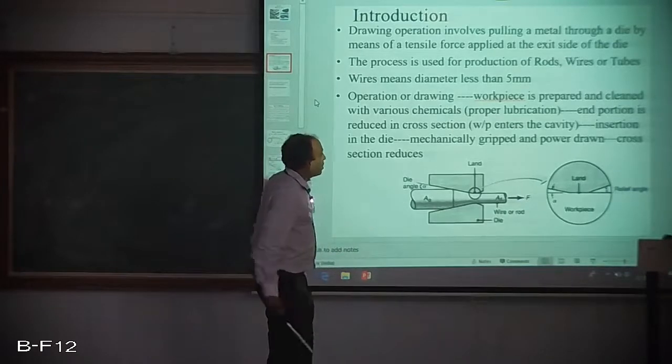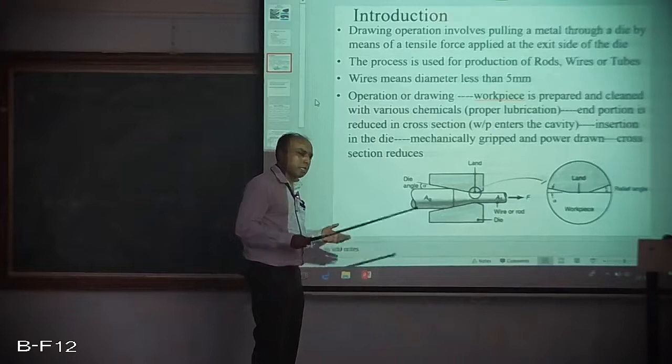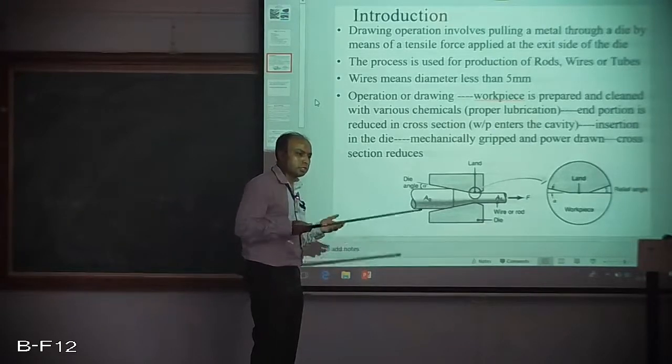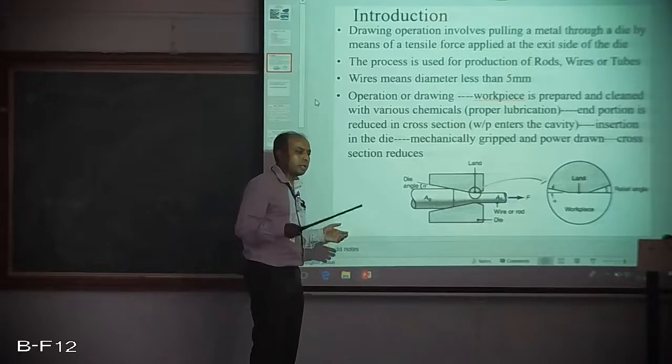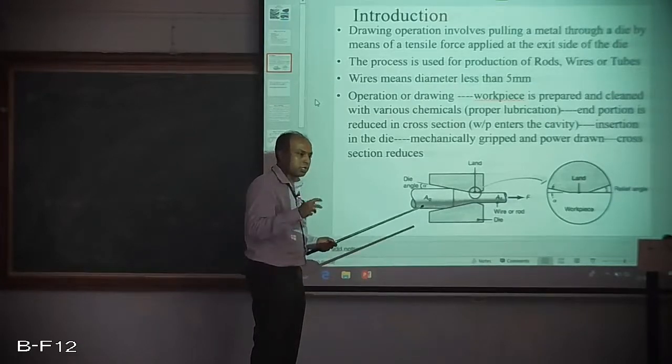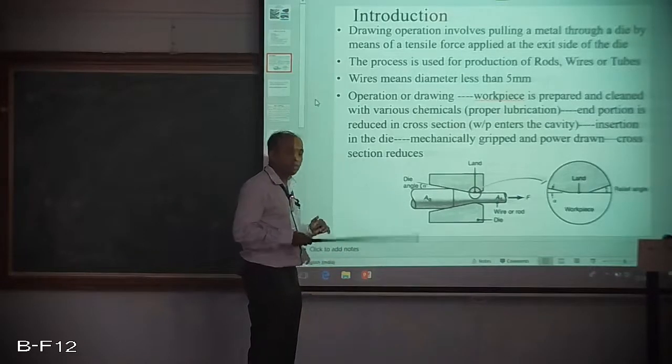Another question that might be asked: there is another process called the extrusion process. There also I am making cylindrical objects. Long means the aspect ratio is very high, the length is very high, and the cross sectional area is very small. So what's the difference between extrusion and the drawing process?